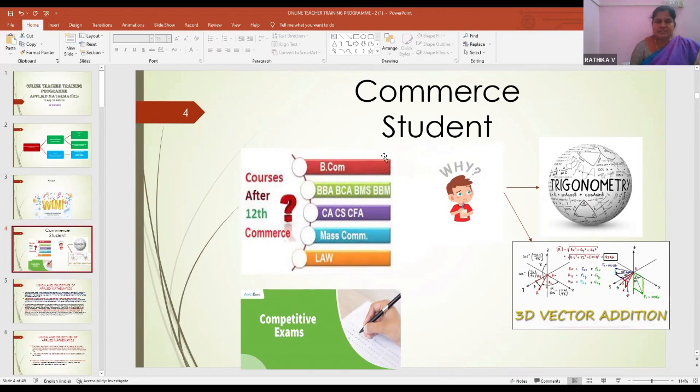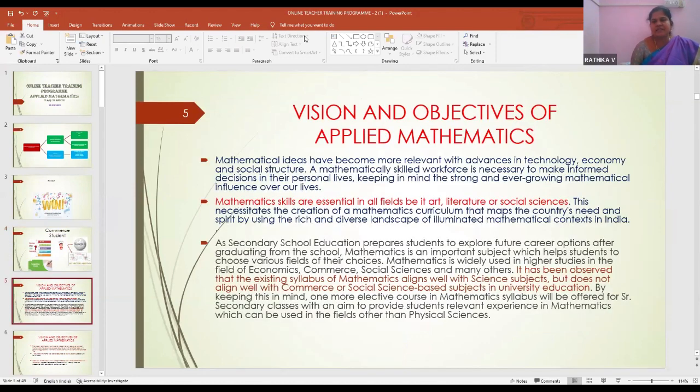Those aspirants mainly will go for the commerce stream. But their question is why I have to do trigonometry and 3D vector, these things. So CBSE has designed the curriculum, which is the applied mathematics. These ideas are given by the CBSE, and those points only I have taken here.